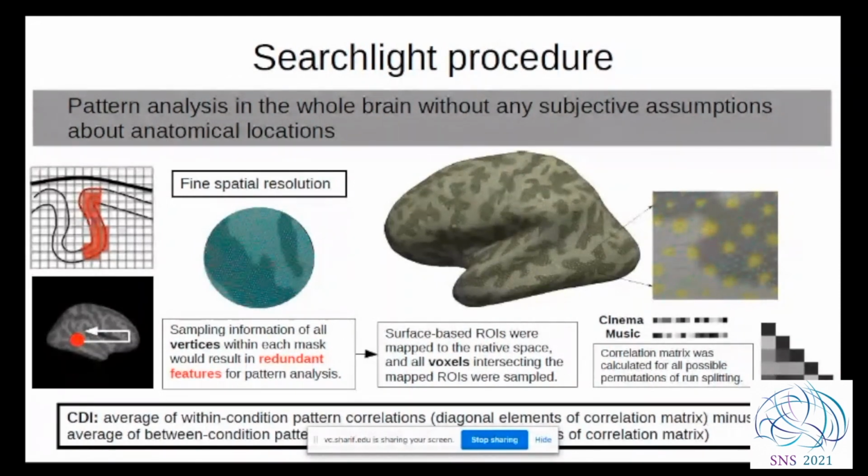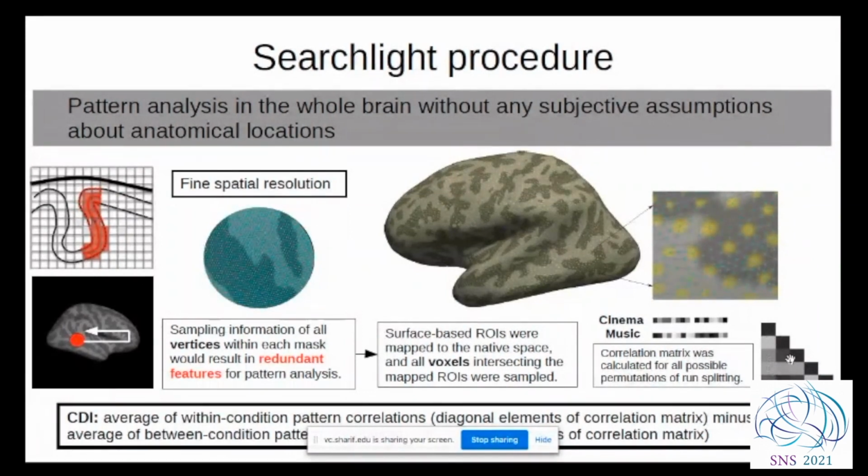And then the logic here is that if there is reliable information about these subcategories, we expect that the correlation in the diagonal elements should be high, and the correlation in off-diagonal elements should be low.